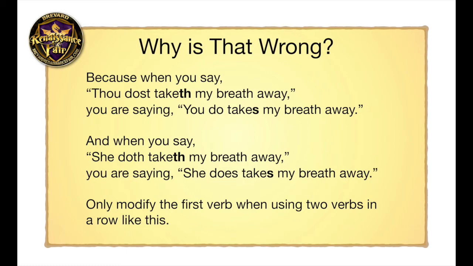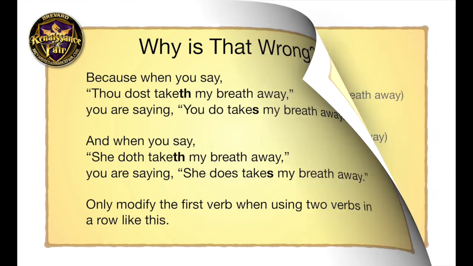Because when you say, thou dost taketh my breath away, you are effectively saying, you do takes my breath away. And when you say, she doth taketh my breath away, you are saying, she does takes my breath away.